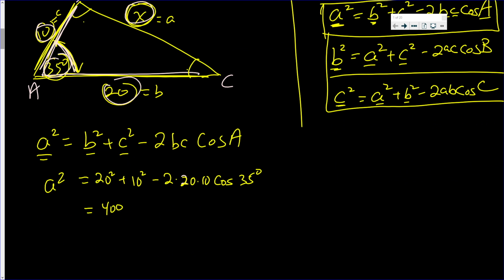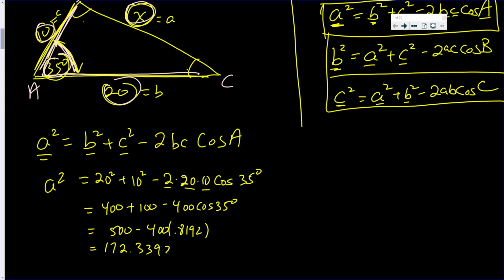This is 400 plus 100 minus 20 times 10 is 200 times 2 is 400 cosine 35 degrees, and this is 500 minus 400 times 0.8192, which is approximately 172.3392.